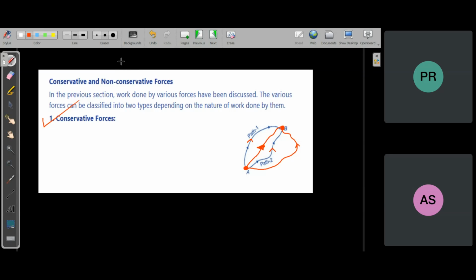Such types of forces we call conservative force.